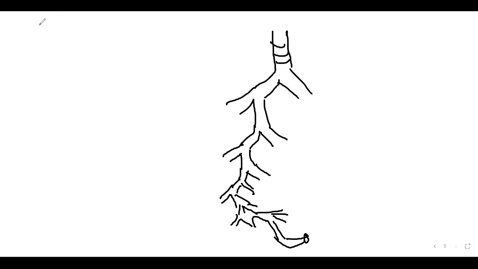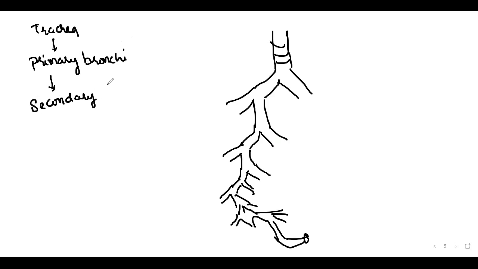I know confusion starts, so let me write it here. First of all, this is the trachea. The trachea opens into primary bronchi, which are the bigger ones. Primary bronchi open into secondary bronchi. Secondary bronchi open into tertiary bronchi. So till here, bronchi. What next?